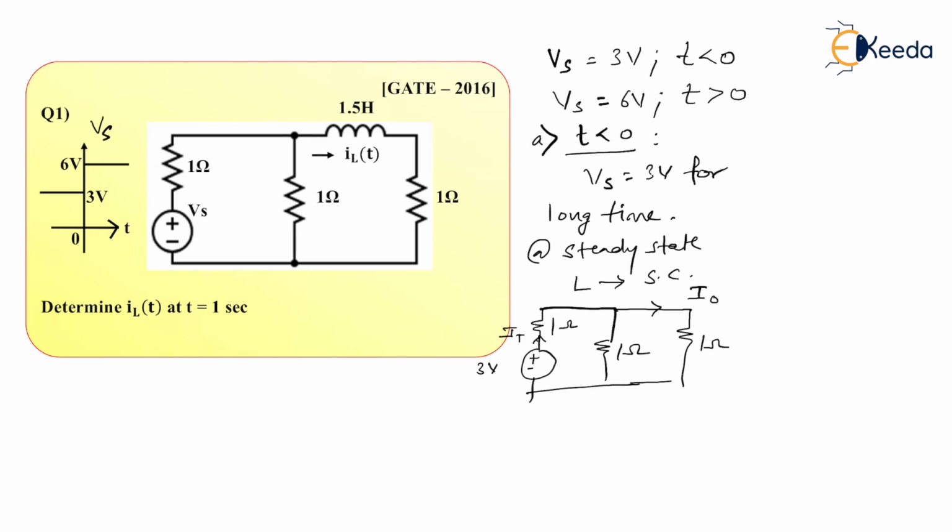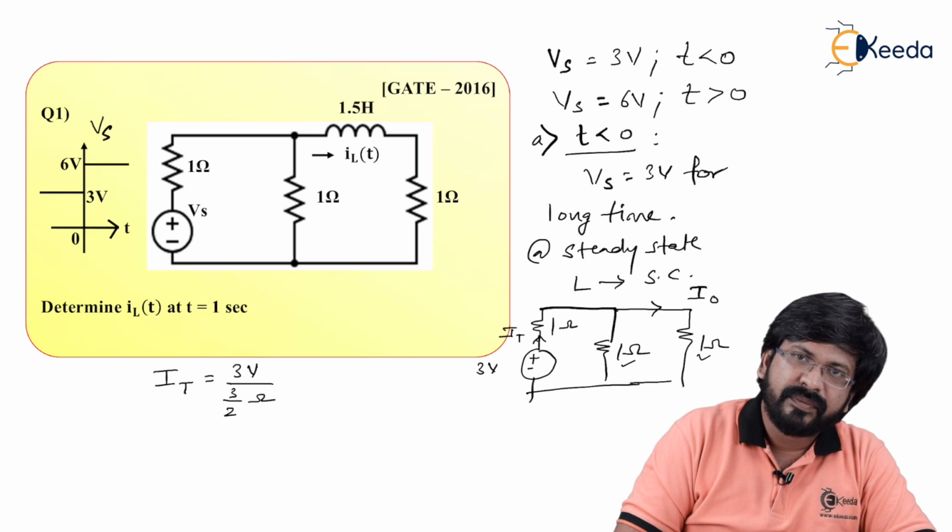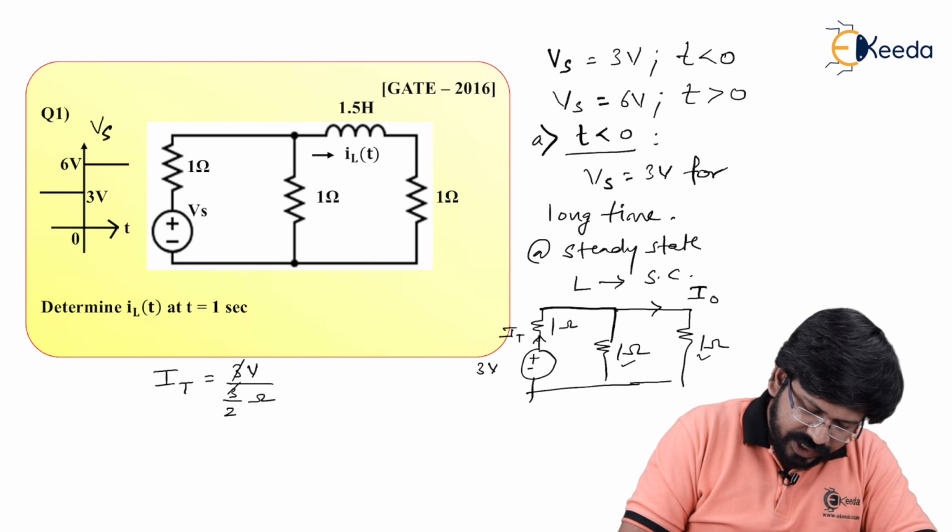So total current can be calculated by normal Ohm's law, voltage divided by R equivalent. As you can see, 1 ohms and 1 ohms are connected in parallel. Effective is half. This half ohms comes in series with 1 ohms, becomes 3 by 2 ohms, right? So I can say that IT is equal to 3 volt divided by 3 by 2 ohms. So this 3 gets cancelled.